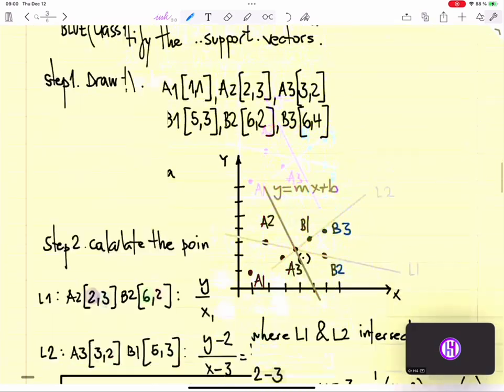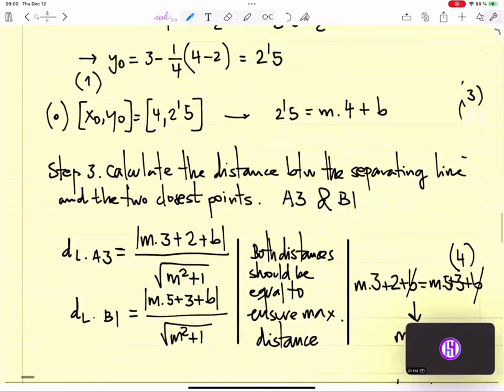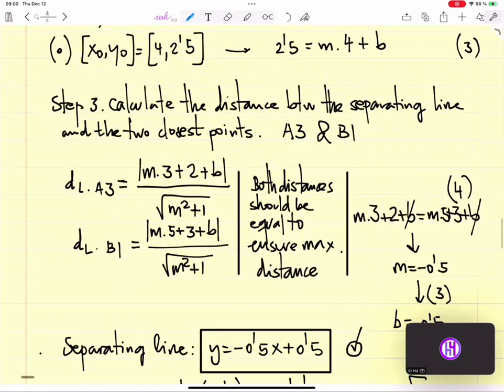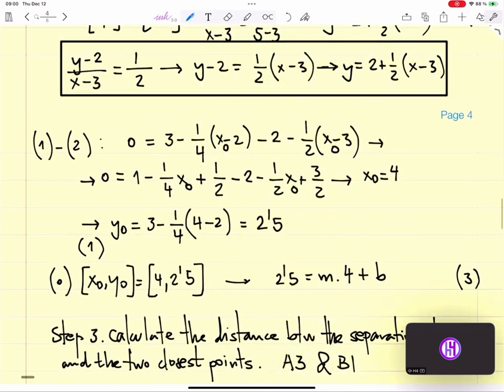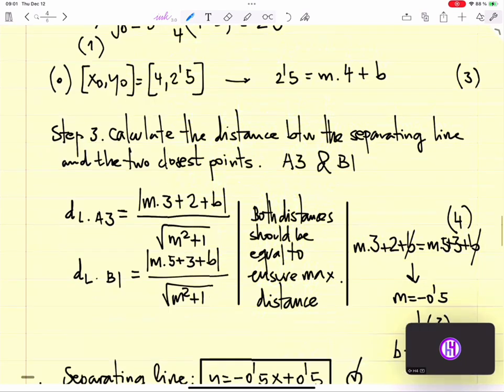So what I did is, because we already know the points A3 and B1, the point A3 is 3, 2. Okay, and this is the point B1, 5, 3. This goes here, this goes here, and this 5 goes here, and this 3 goes here.